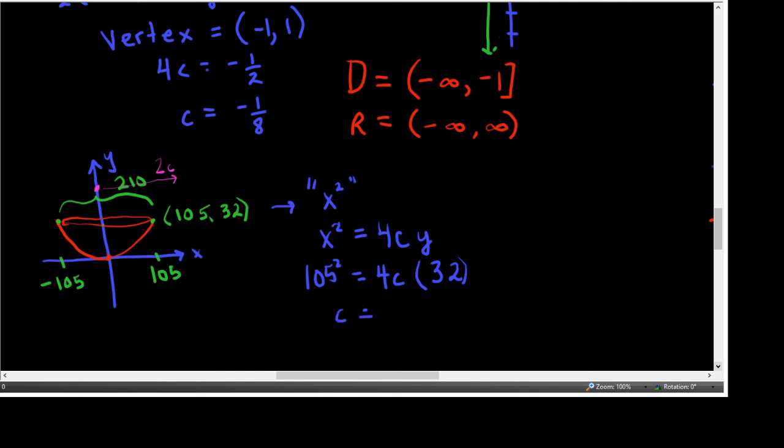Doing the arithmetic and solving for c, you should get that c is 11,025 over 128.